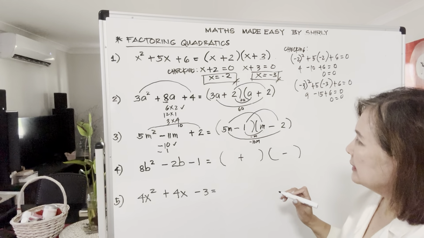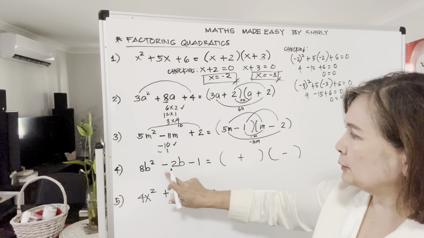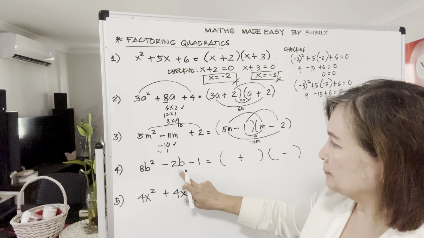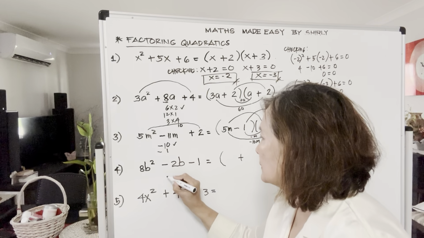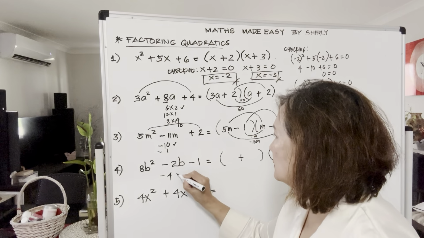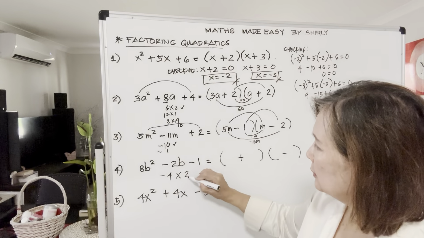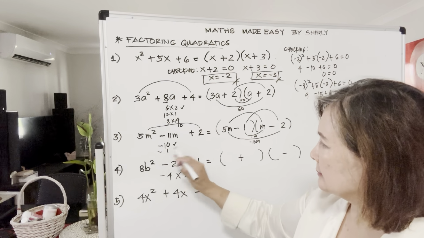What are the factors of negative 8 that will give you a sum of negative 2? Negative 4 and 2, that is equal to negative 8.